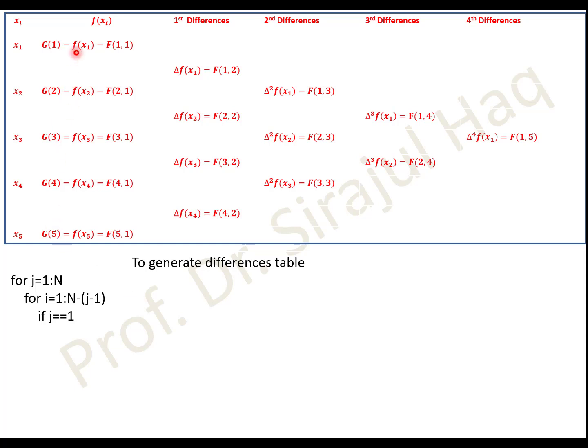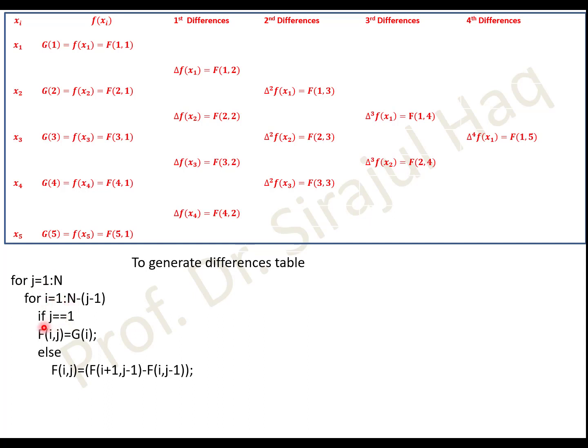The idea is the same as that of the divided differences. These values are equal to values of the function. I put this restriction, which is the same as previous. Otherwise, use this formula now. You can see it's the same as before, but there is no division by the xi's. The computer will take j equal to 1 and i starting from 1 up to n.